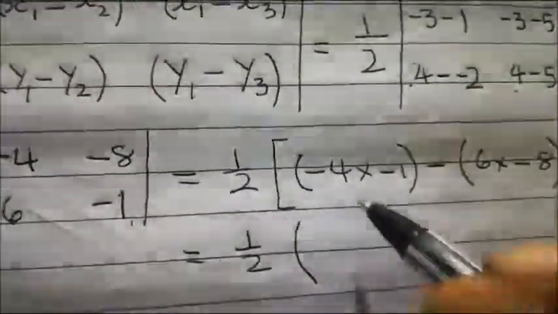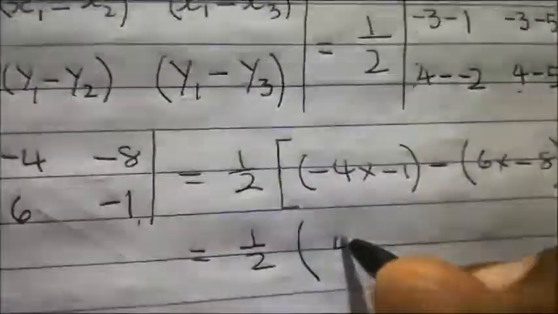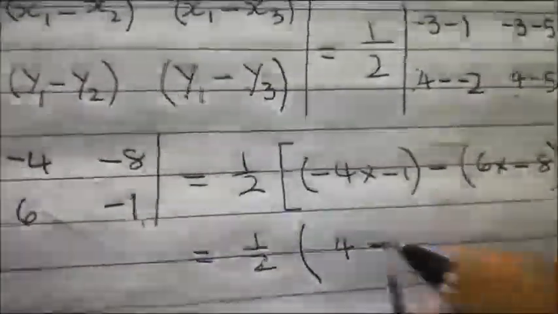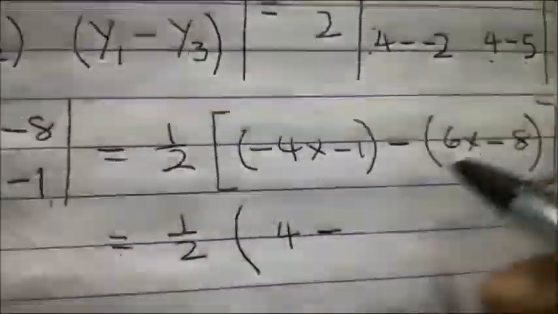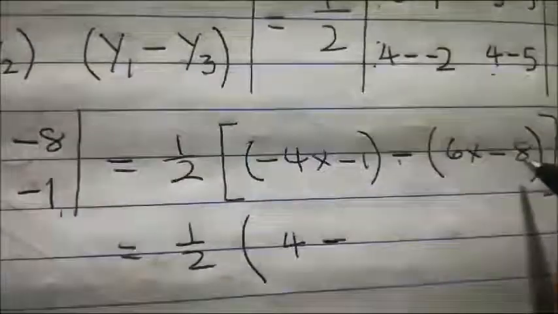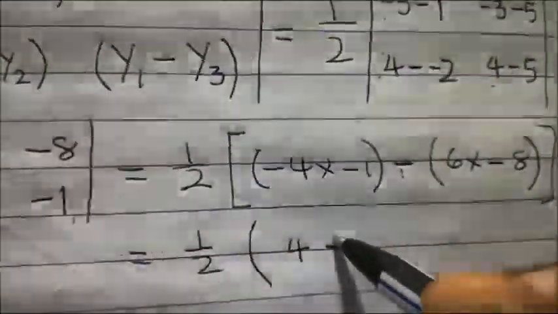And that's still going to be equal to half of what? This is going to be 4 minus, 4 plus rather, because when you multiply this negative sign by this negative number, this is going to be negative 48. And a negative sign before negative 48 is going to be a plus 48.